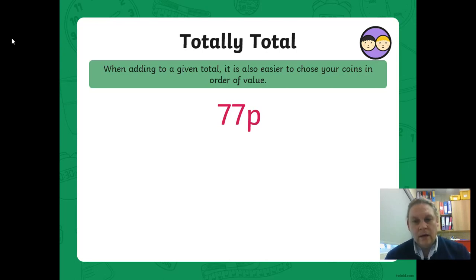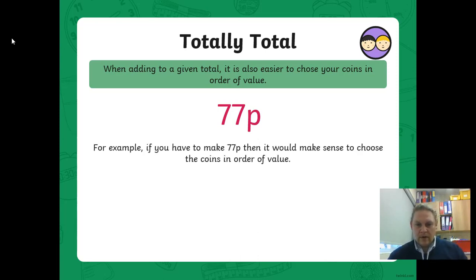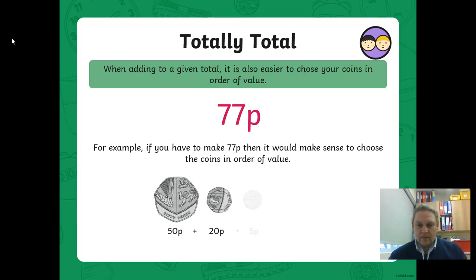A lot of the time, the easiest way to go about it is to find the biggest coin that we can to start with, and to put our coins in order of value to do that. So, for example, if you had to make 77p, then it would make sense to choose the coins in order of value.